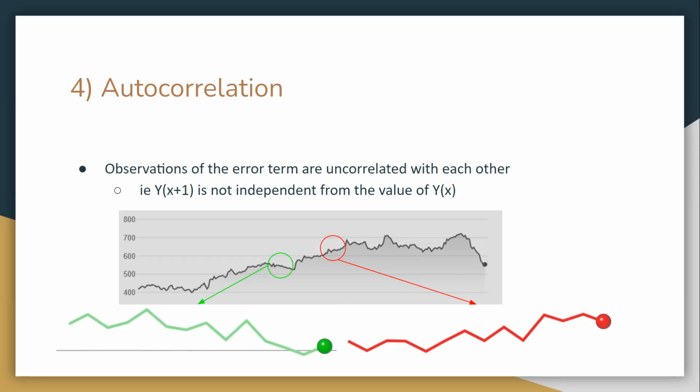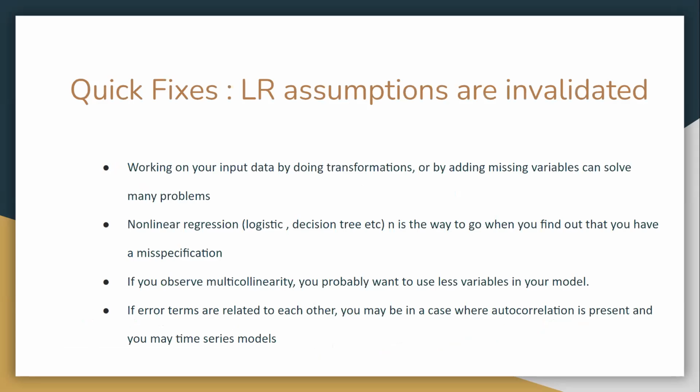Which means the error term error n is not very different from error n plus 1 or error n minus 1. So when there is such a relation between the errors, obviously that's not a good fit for the linear regression model. This autocorrelation analysis needs to be done across the data set. This is a sort of corner case which was highlighted just to show some patterns on the data.